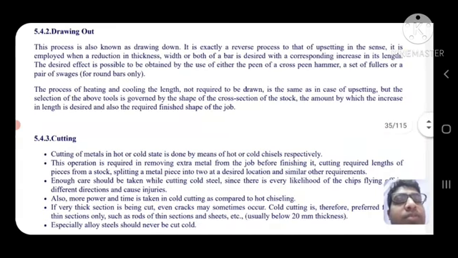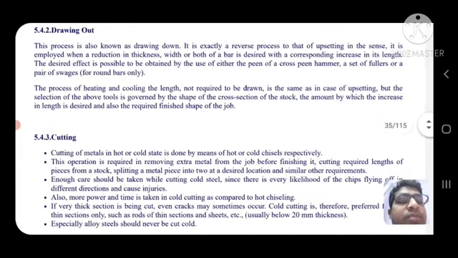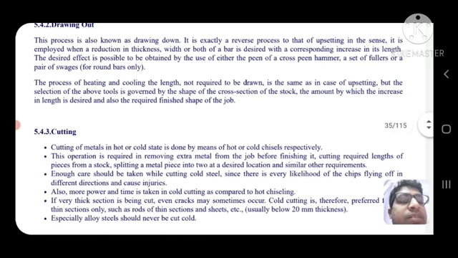Drawing out. This process is also known as drawing down. It is exactly the reverse process to that of upsetting, in the sense that it is employed when reduction in thickness, width, or both of the bar is desired with a corresponding increase in its length.